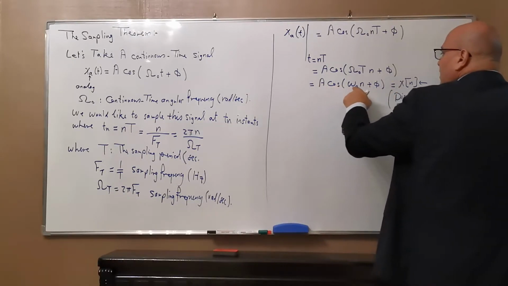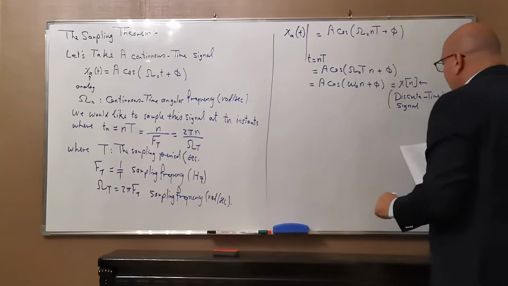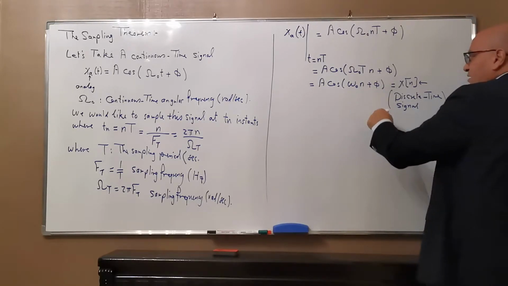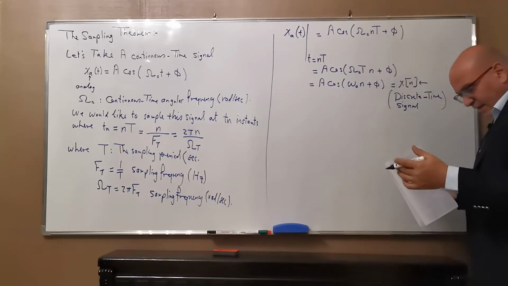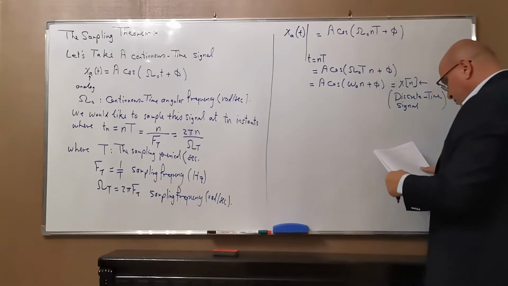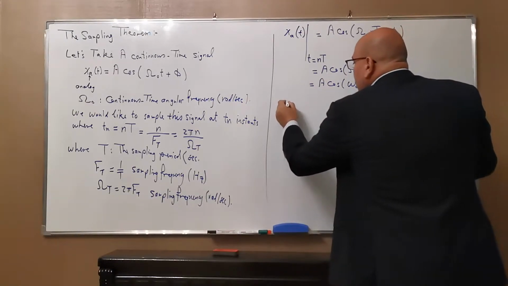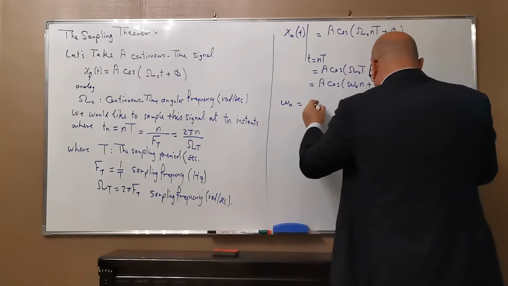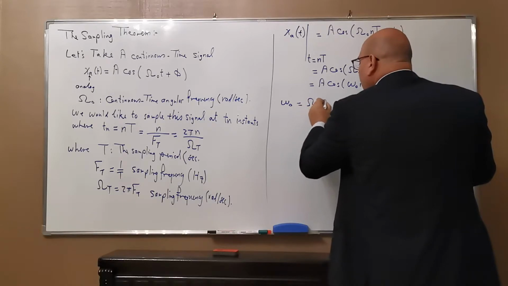So a cosine omega 0 n plus phi is a discrete time signal, and it's a function of the index n. It's not a function of time, actually it's hidden a function of time, but at discrete instances of time. And here is the relationship between the discrete time frequency and the continuous time frequency.